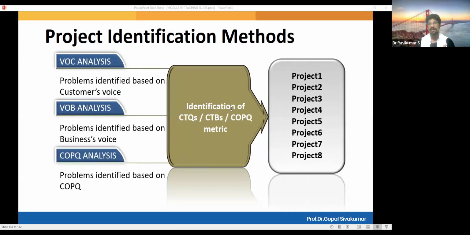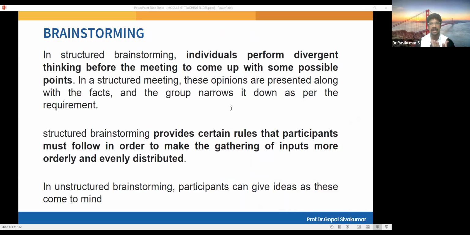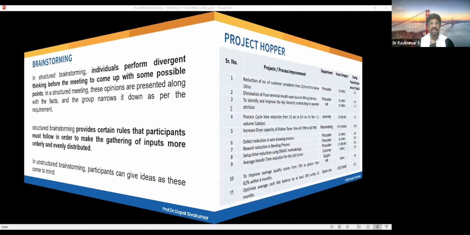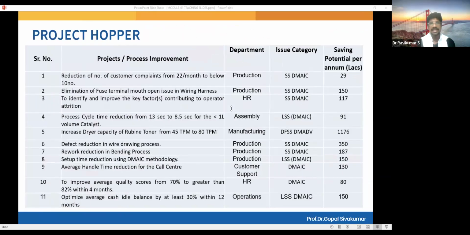So we have a lot of projects in our hopper. Brainstorming is also able to generate lots and lots of project ideas in a short span of time. So at the end of the day, you have this many problems existing in your different processes in the plant, in the organization, in the company, in the industry.